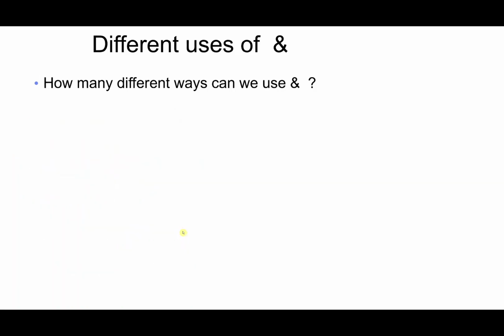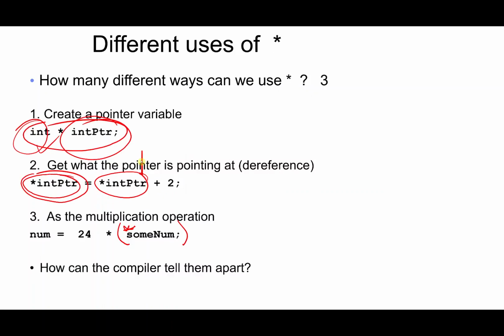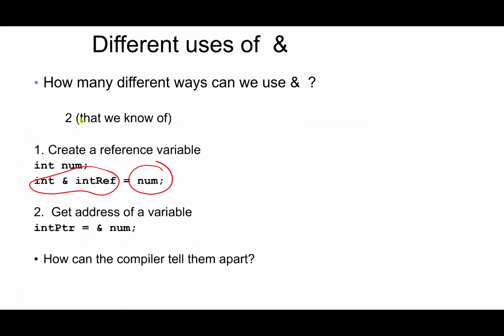So how many different ways can we use the ampersand? To create a reference variable like this. And remember, with a reference variable, you must give it the variable to refer to at creation time. With pointers, you don't have to. You can do something like this, then later on, you give it a variable to refer to.